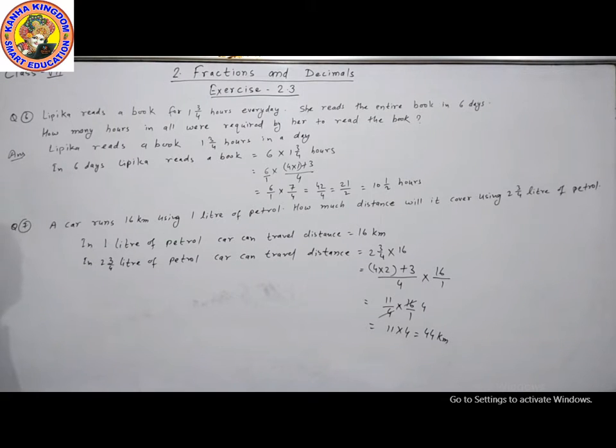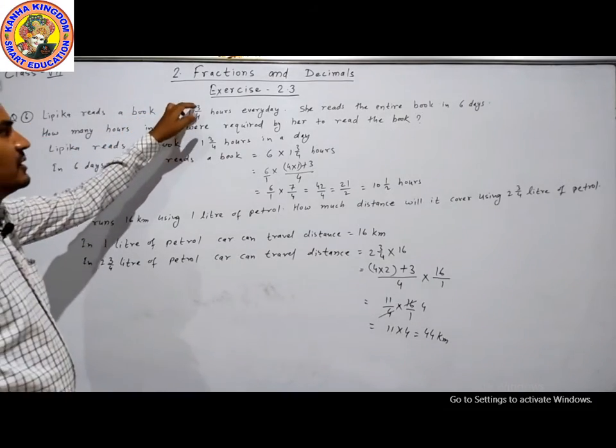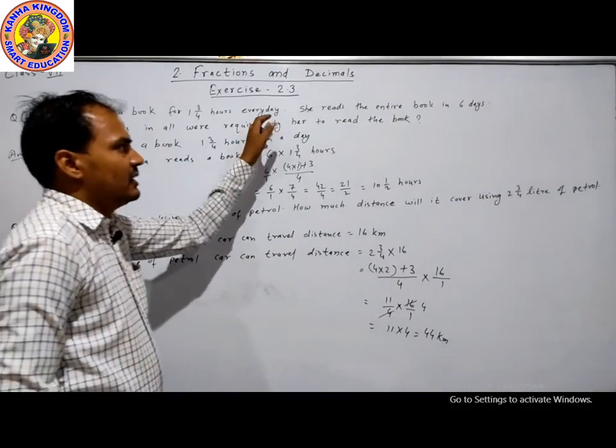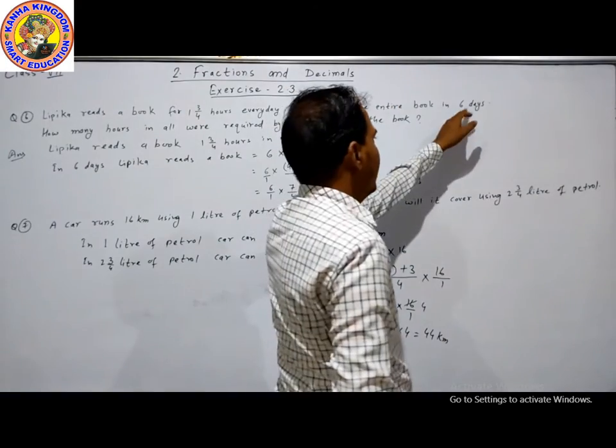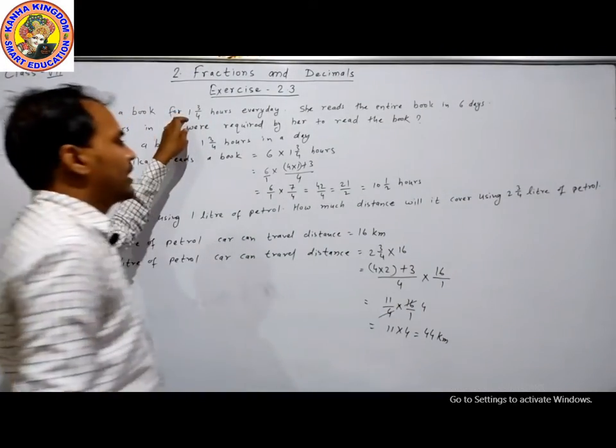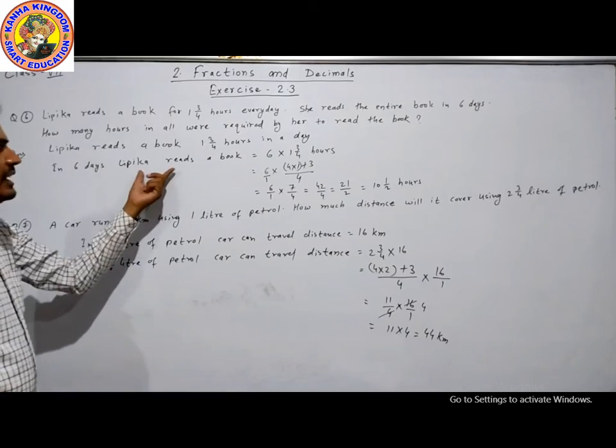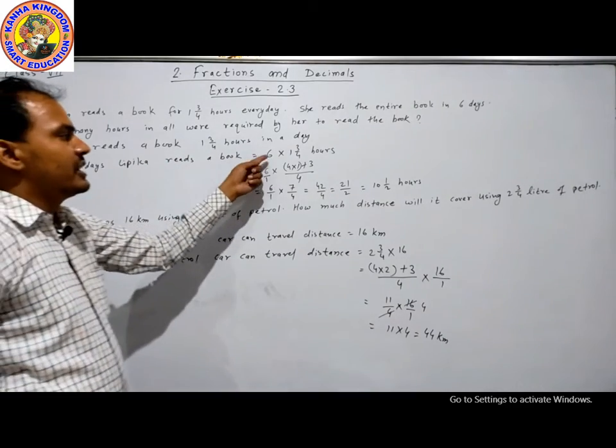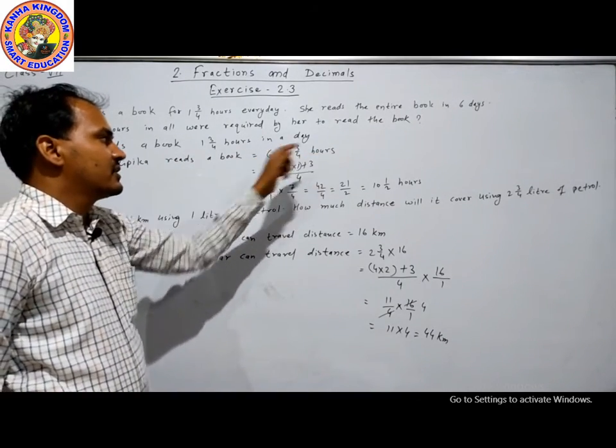So beginning from question number 6, Lipika read a book for 1 3/4 hours every day. When she read for 6 days, the total hours will be the multiplication of this. So the entire book can be read in 6 into 1 3/4 hours.